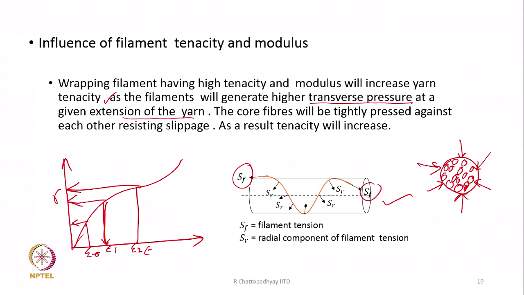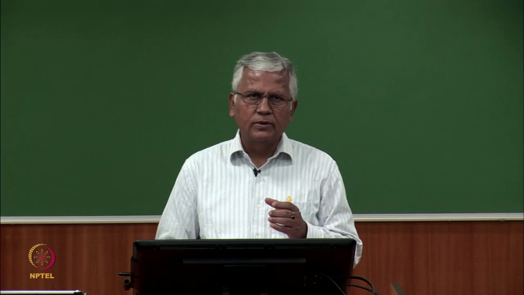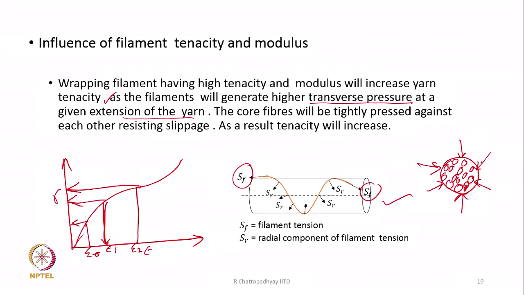As we go from epsilon 0 to epsilon 1 to epsilon 2, more and more stress will develop on the filament, and therefore, more and more radial pressure will also develop, and hence the core fibers will be pressed with a higher force, and therefore, it will be difficult for them to slip easily.